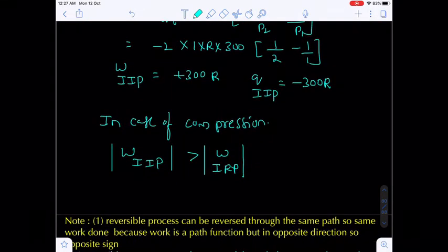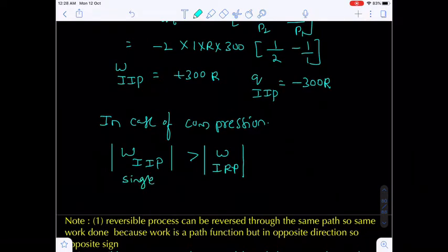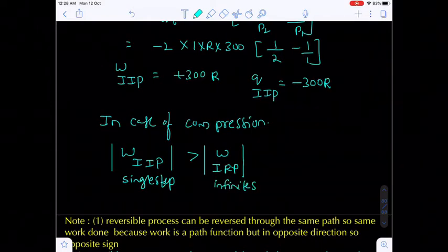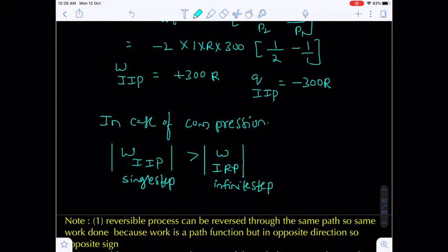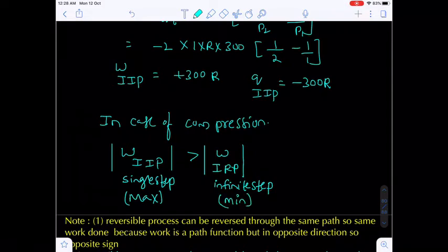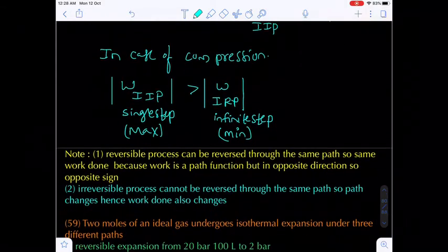But for compression of an ideal gas, the work done in an isothermal irreversible process in a single step will always be greater than the work done in infinite steps. In a single step the work done will be maximum, in infinite steps the work done will be minimum. This is very very very important. Are you getting my point?